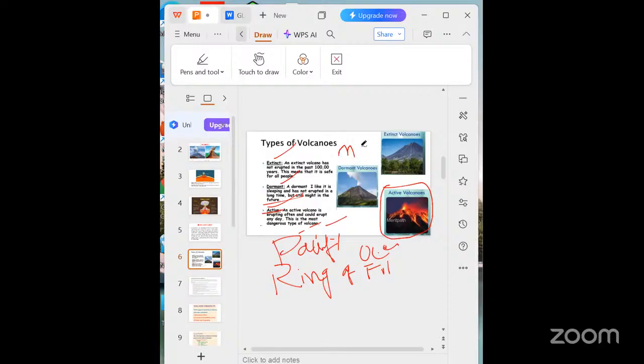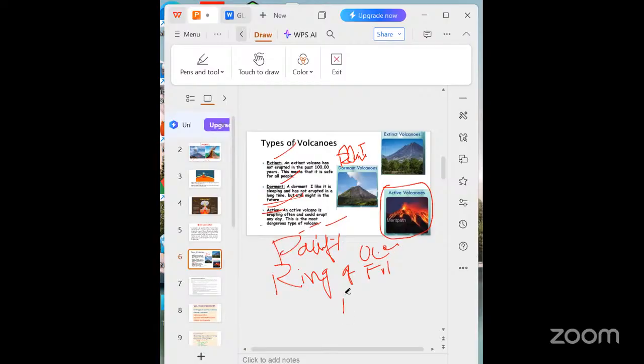For example, Mount Rainier in the Cascades, in the USA. It has not erupted since long, long ago. At present it is quiet, but it has the potential to erupt again in the future.